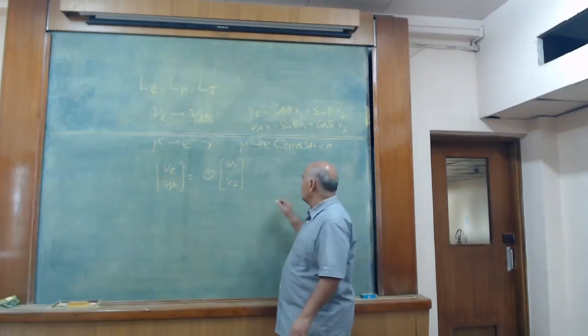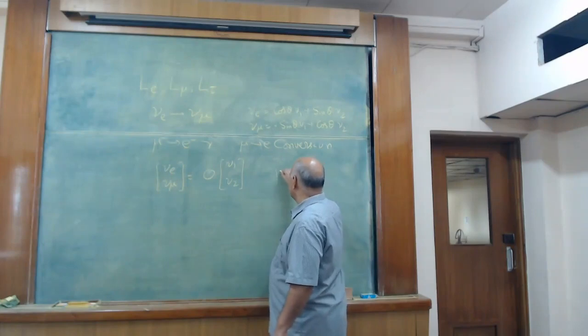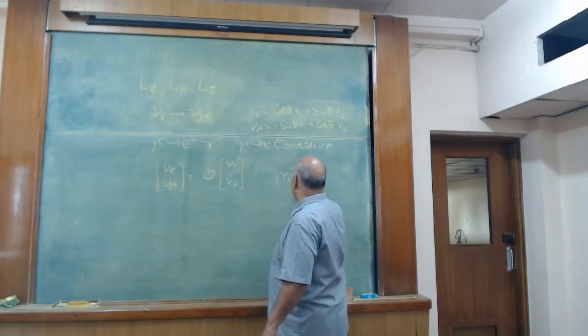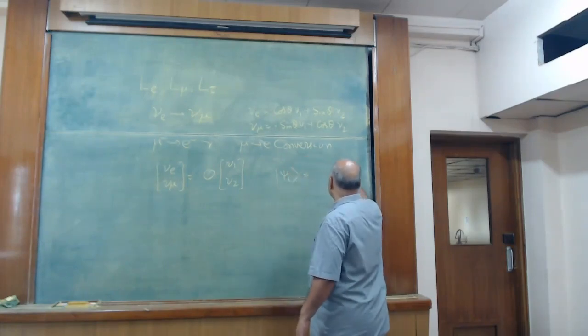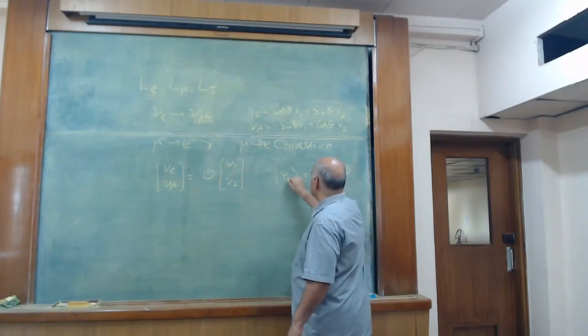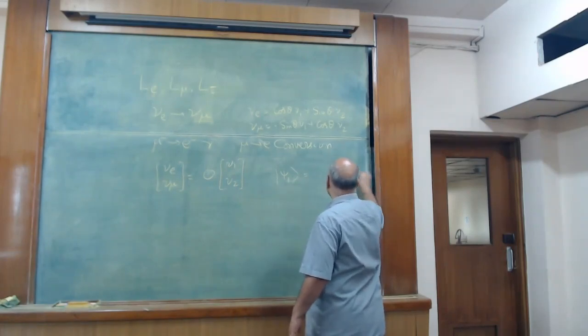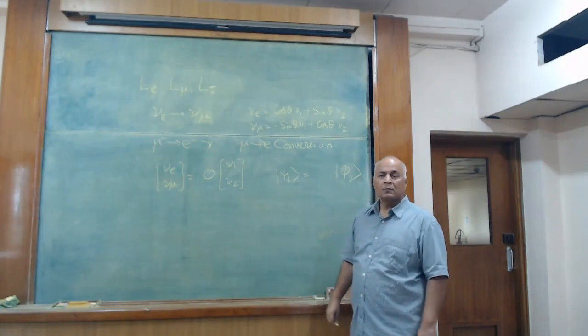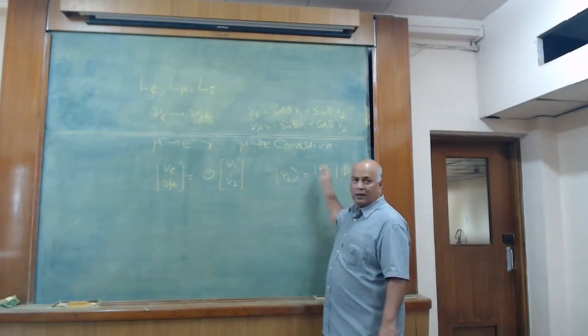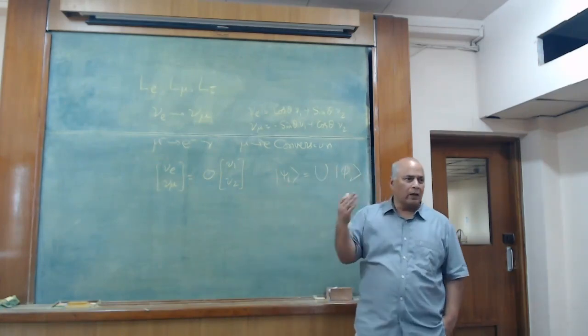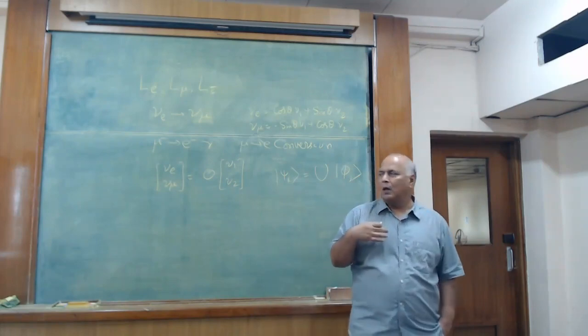I have one set of eigenstates, psi i, and I want to write them in terms of another set of eigenstates, phi j. So the matrix that's connecting them should be a unitary matrix.